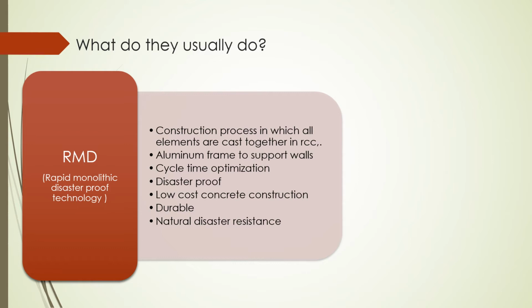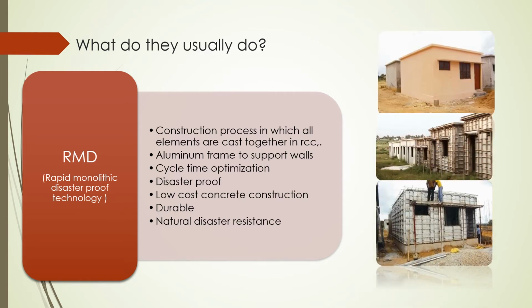It's a construction process in which all elements are cast together, using an aluminum frame to support walls. It's a cycle time optimization, disaster proof, using low-cost concrete construction. Let's not forget that it's durable and natural disaster resistant.